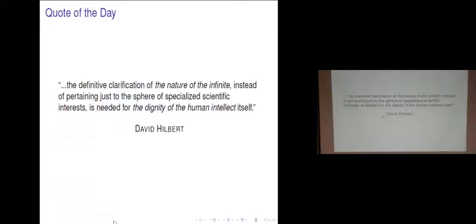But mathematicians still like to talk about infinity. He gave some reason. He said the definite clarification of the nature of the infinite, instead of pertaining just to the sphere of specialized scientific interest, is needed for the dignity of the human intellect itself. So he really raised the level.